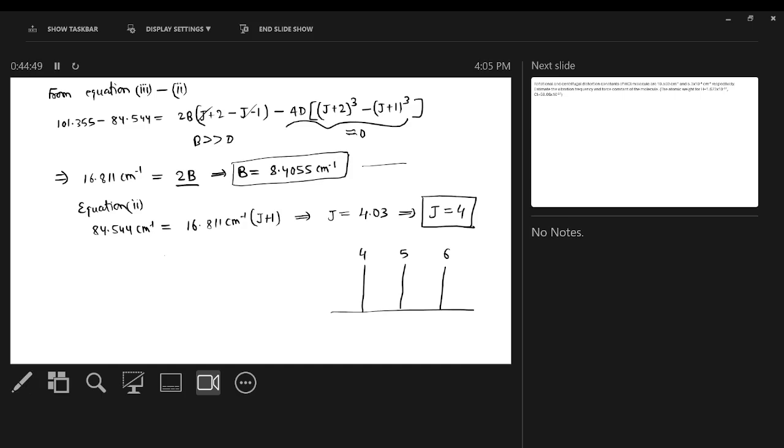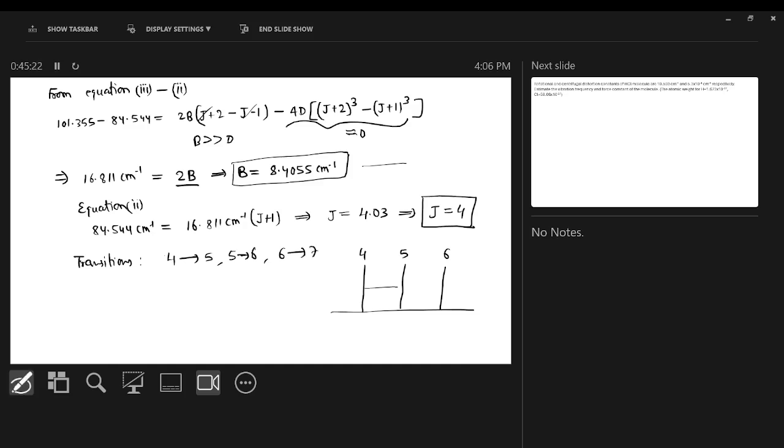So the transition is taking place from 4 to 5, 5 to 6, and the third one is 6 to 7.